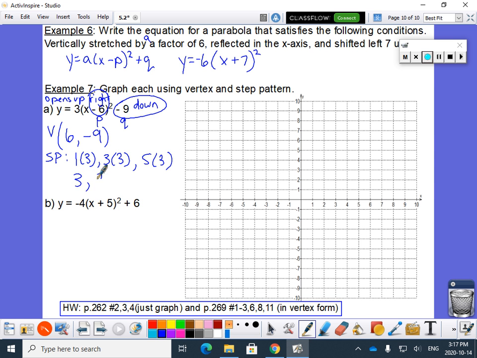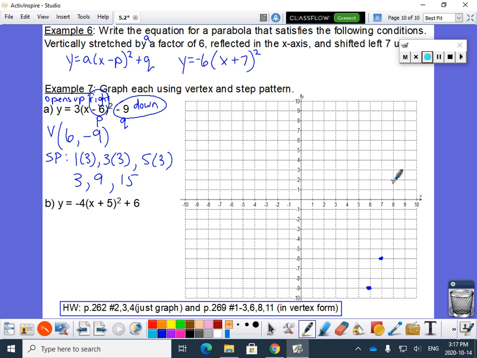And we get 3, 9, and 15. So we're going to graph that. We'll start with our vertex. So plot your point for 6 and negative 9. And then we're going to use the step pattern to get the rest of our parabola, the rest of our points. So we're going to go over 1, up 3, over 1, up 9.